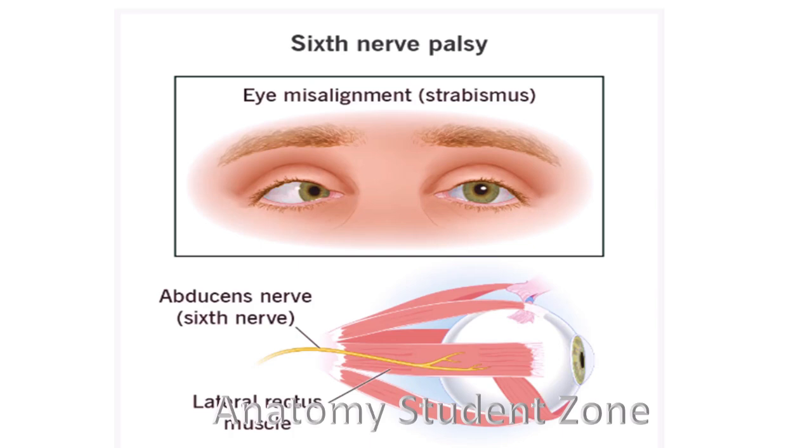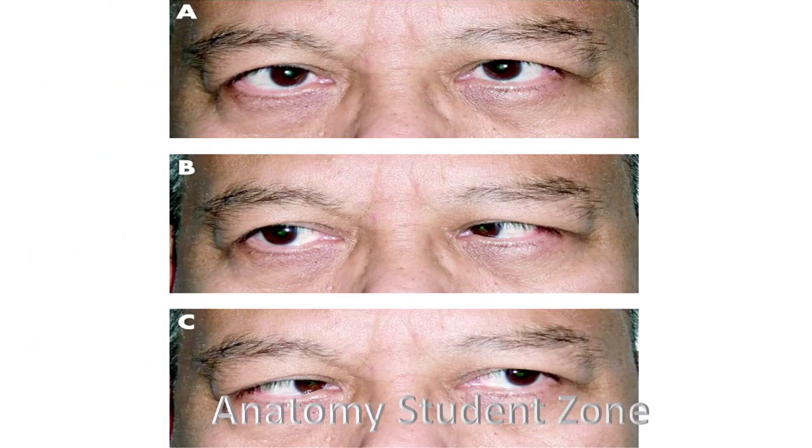And whenever there is a sixth nerve palsy, it disrupts the signals traveling through this nerve. It causes weakness or paralysis of the lateral rectus muscle, and in this case, the patient is unable to look laterally. So whenever the sixth cranial nerve is damaged, you can't move or align your eyes properly. And if an affected eye can't turn outward, it shows this is damage to the sixth cranial nerve.